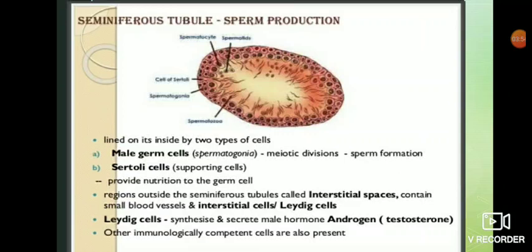The region outside the seminiferous tubules, called interstitial space, contains small blood vessels, and interstitial cells, also known as Leydig cells. Leydig cells synthesize and secrete testicular hormones called androgens. Other immunologically competent cells are also present.